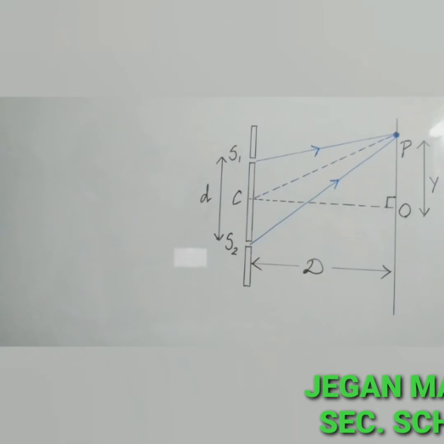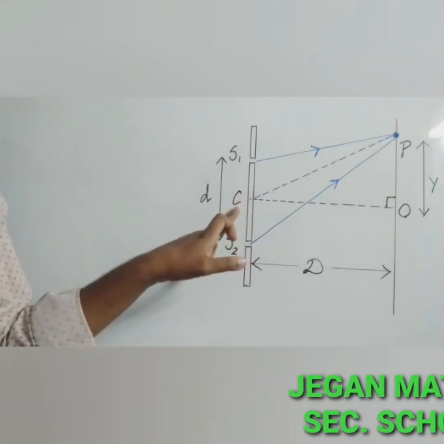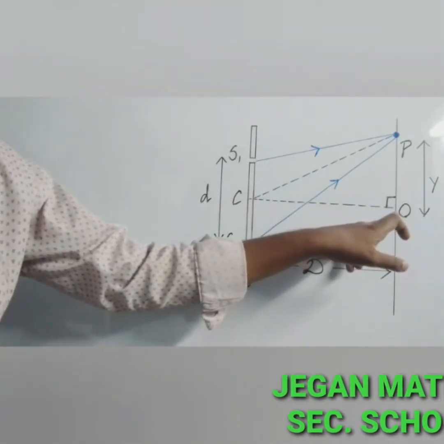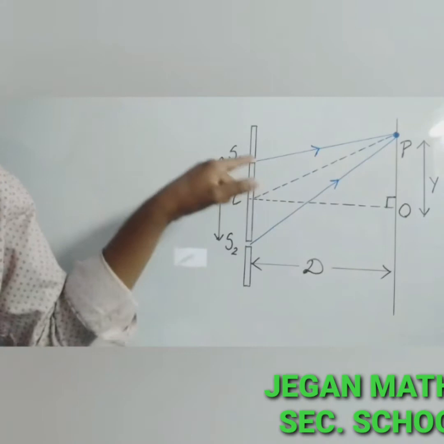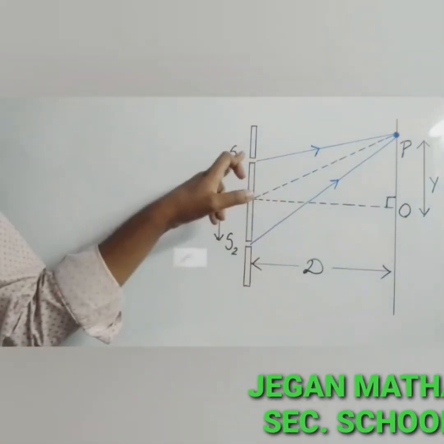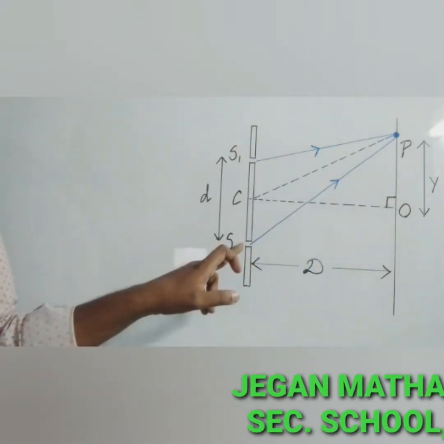The midpoint of S1 and S2 is C, and the point O on the screen is equidistant from S1 and S2. That means the distance between S1 and O is equal to the distance between S2 and O.